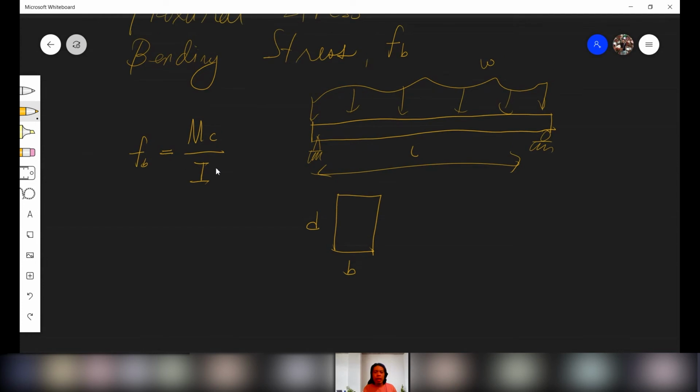For example, you are tasked to solve for the value of the flexural stress at a certain point on the beam, say this point.